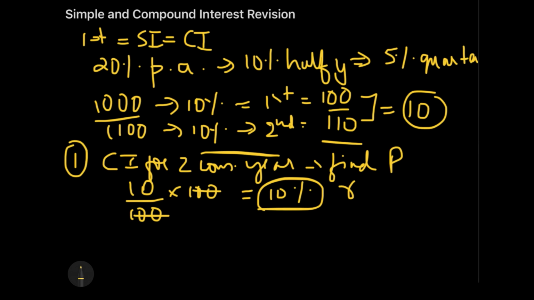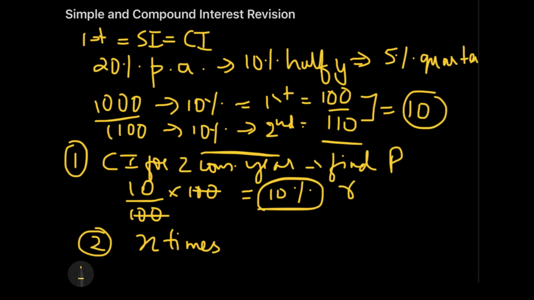Another type of question which I'll be covering in this video is when the amount gets doubled, tripled, or X times. What they would give you in the question is that, suppose, an amount is getting doubled in 4 years, and we have to find the time in which it will get doubled or something like that.